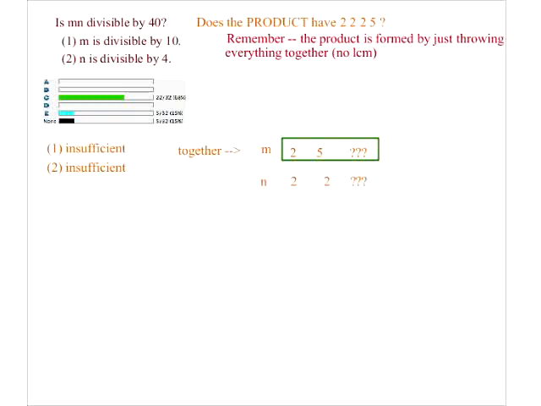Let's put those in different colors just for emphasis. Then notice that the product MN is definitely going to be made by throwing those together. So that's going to be a 2, a 2, a 2, and 5, and other stuff.